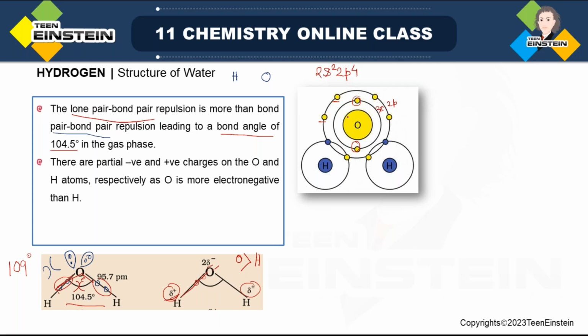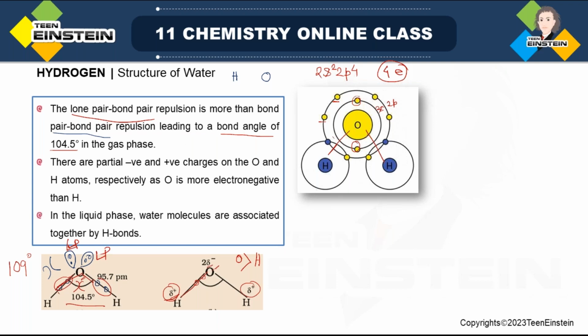Out of these 6 valence electrons, only 2 are used for bond formation. So this is the bond between oxygen and hydrogen, and the rest of the 4 electrons of oxygen will be engaged in lone pairs. That is why there are 2 lone pairs present, as you can see here.